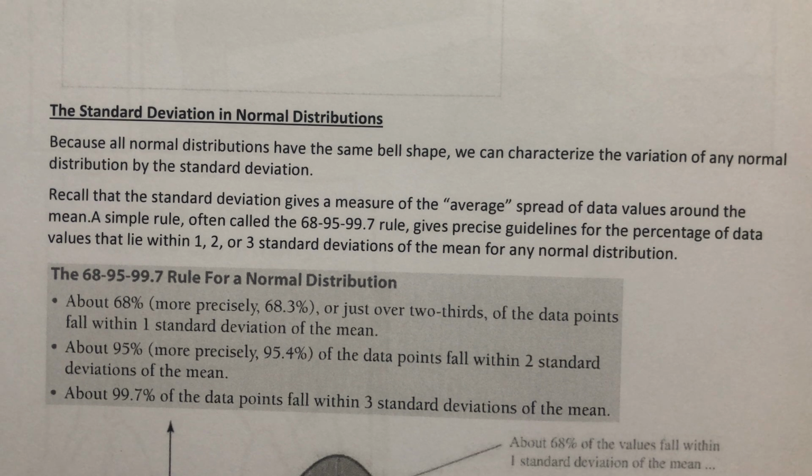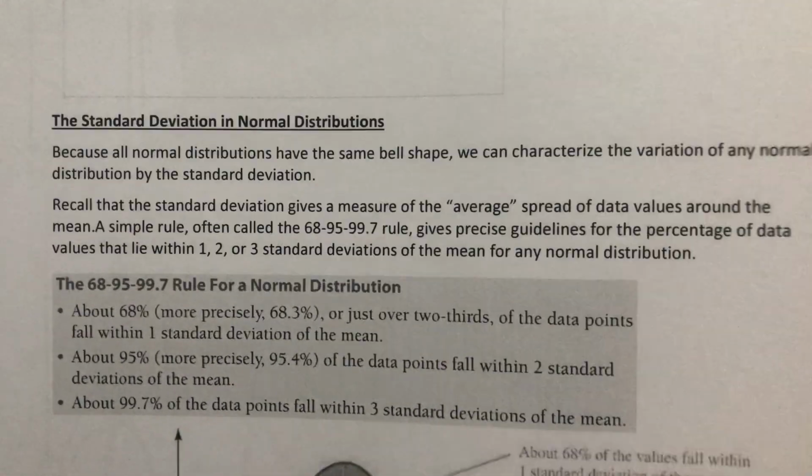And 99.7% of the data points will fall within 3 deviations. Those numbers do not change if it's a normal curve. Once again, not a normal curve, it's going to have different rules for the percentages, but for a normal curve, those are going to stay.